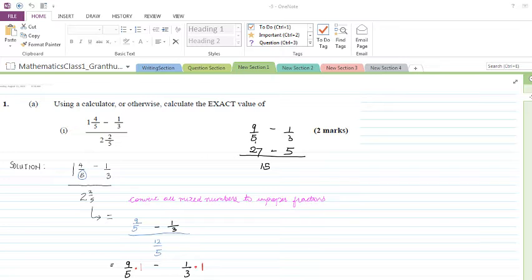This is what the past paper looks like, and as I told you before, the question papers always look like this.